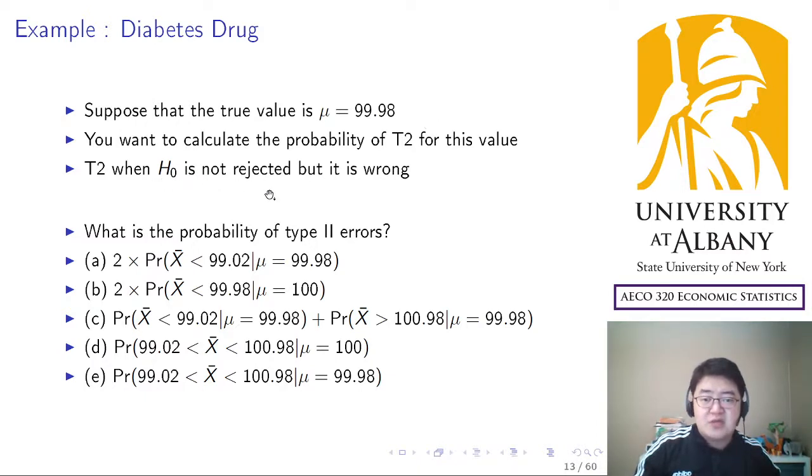And not rejecting the null hypothesis is when X bar lies between the critical values. And this probability is calculated under the assumption that mu is 99.98. So the answer is E. If you can calculate this probability, that is the type 2 error probability in this case.